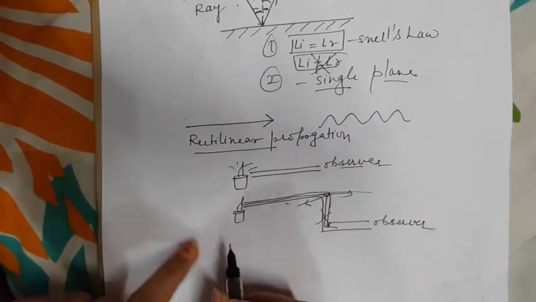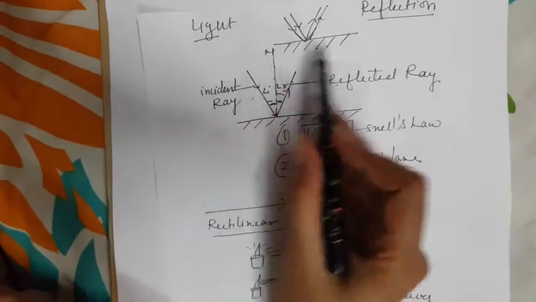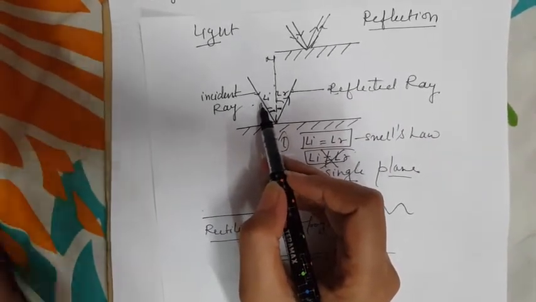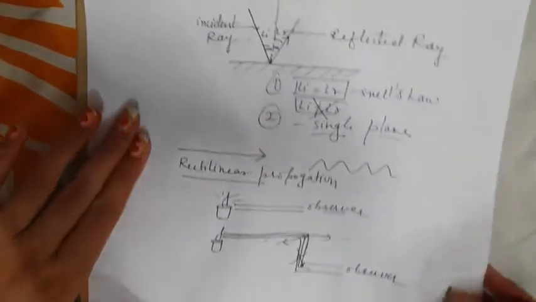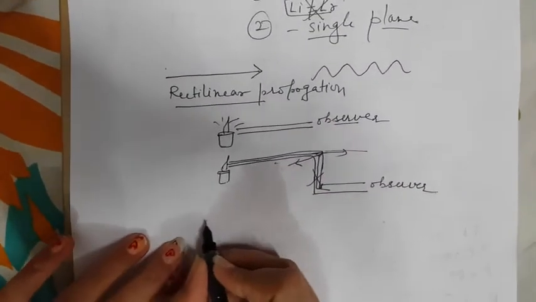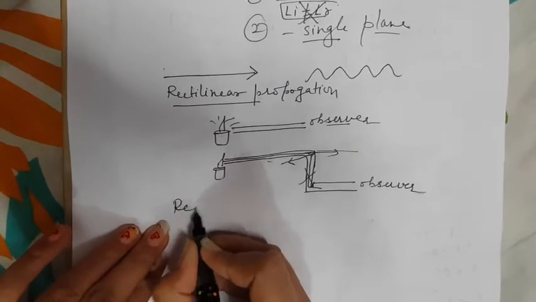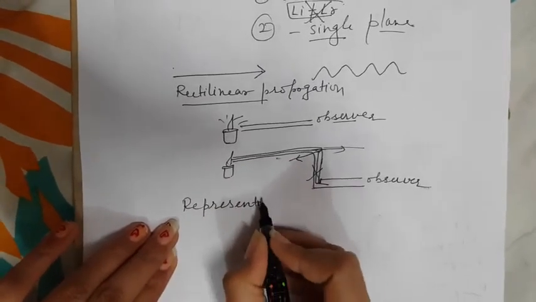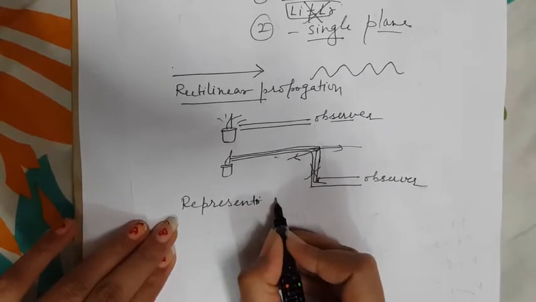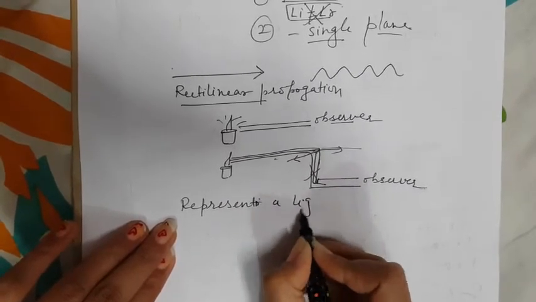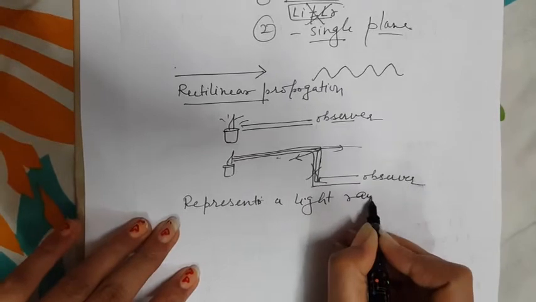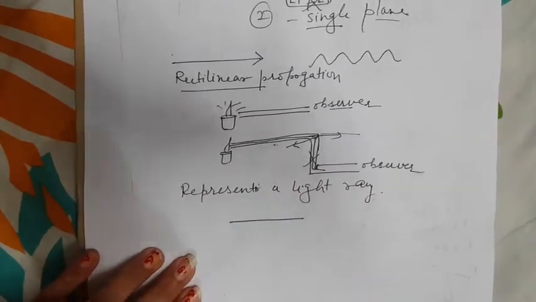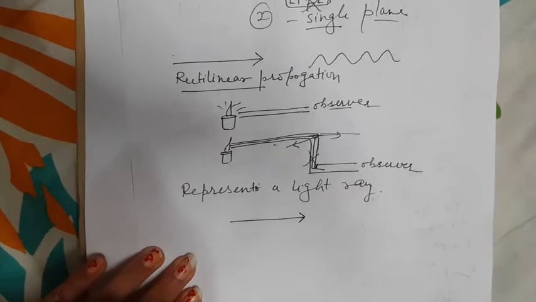Now as we were discussing reflection, not only a single ray will fall, many of the light rays fall. When we represent a light ray, we represent it by a straight line with an arrow on it.